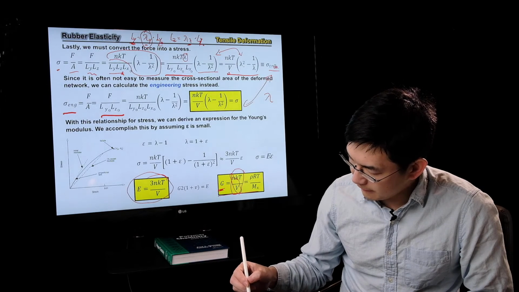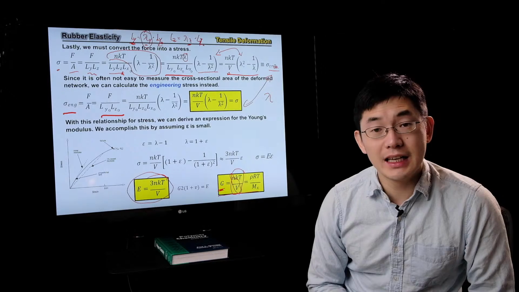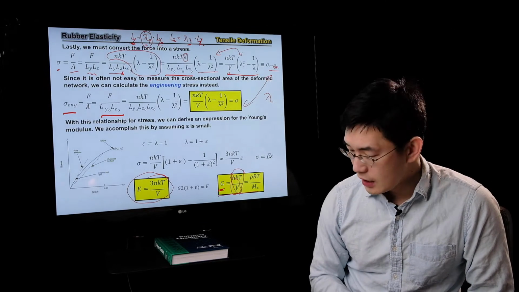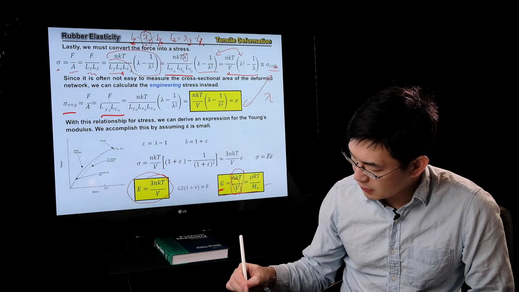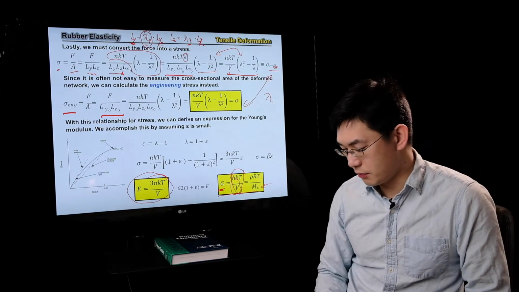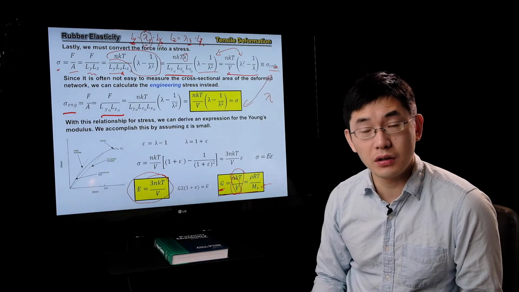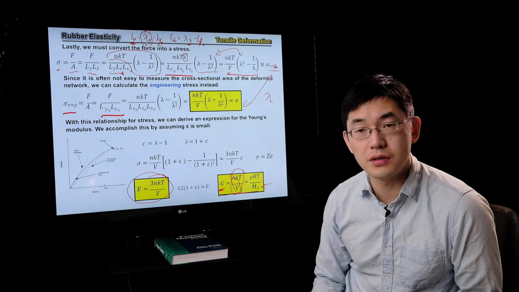N divided by V talks about the density of crosslinks within a certain volume. And it turns out this can be related to Mx. We're going to talk more in the next class. But this Mx is basically the molecular weight between the crosslink points.